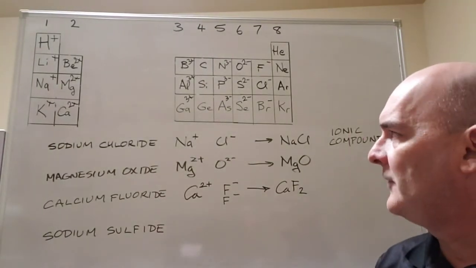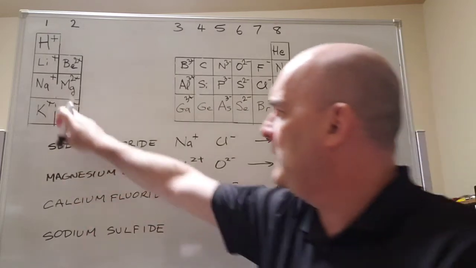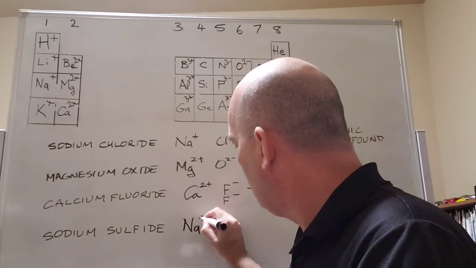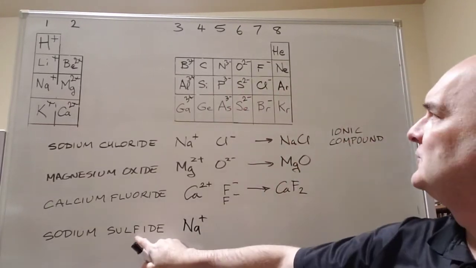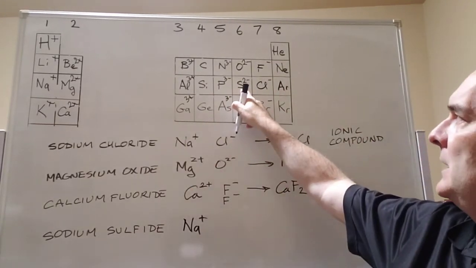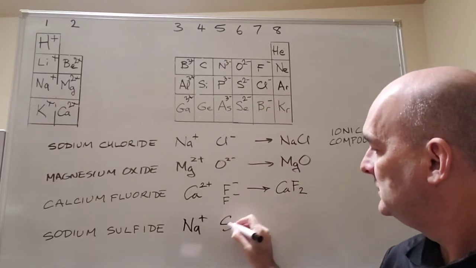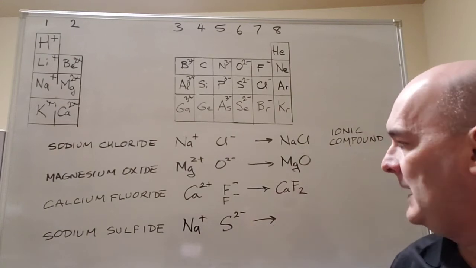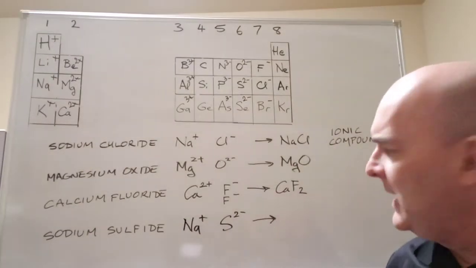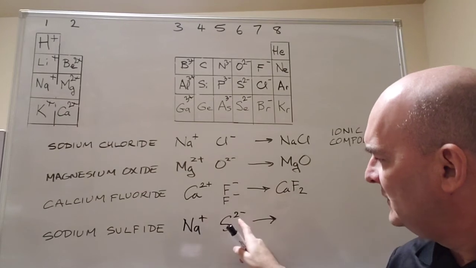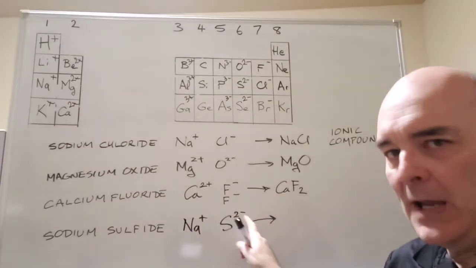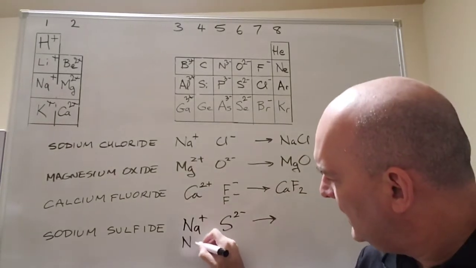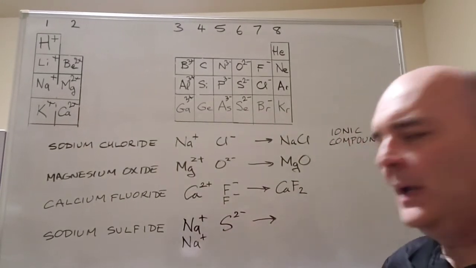Let's make sodium sulfide. Sodium is in group 1. Everything in group 1 makes a +1 cation. Sulfide is here in group 6, so it makes a 2- anion. And again, this plus and those 2 minuses do not cancel each other out. If I want to make them cancel, I'm going to need twice as many sodiums.